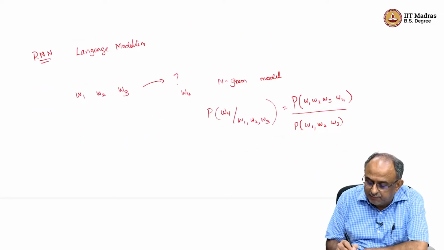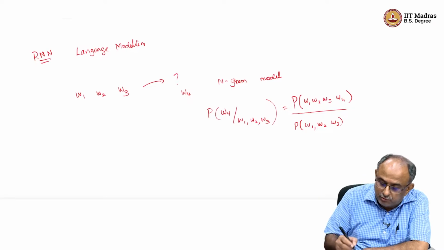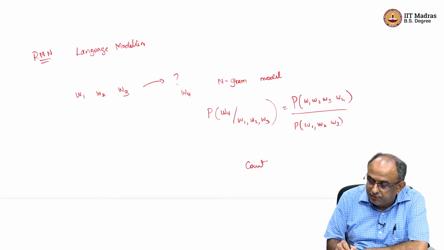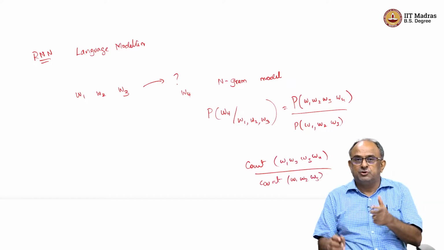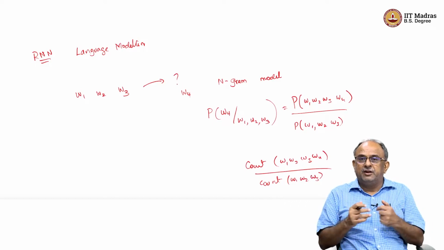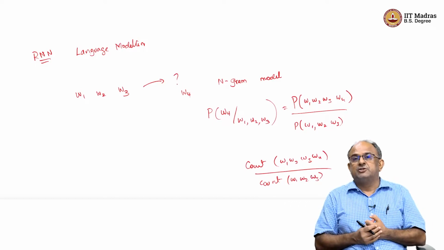And this is nothing but the count: if you use a count method, how many times such a string of 4 words occurred together divided by the number of times the string of 3 words occurred together.